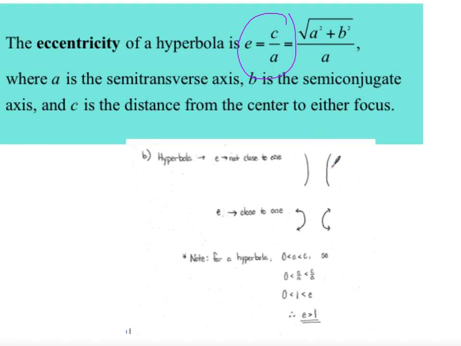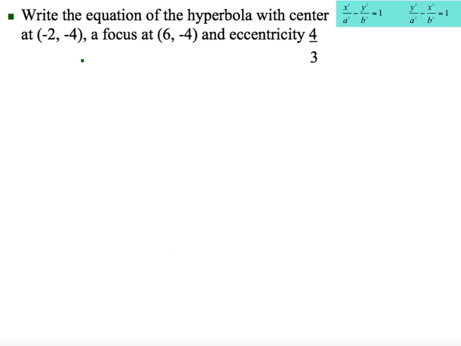So if we have a hyperbola whose eccentricity is not close to 1, that's not going to curve very much. It's going to be a very gradual curve, as you see on the bottom here. As that eccentricity gets closer to 1, now you're going to have a much steeper, more pronounced curve on the side. And again, it's always going to be greater than 1 as we do our calculations there.